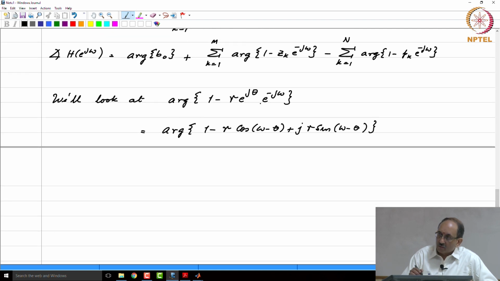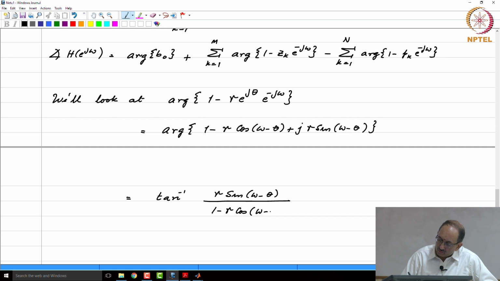All I have done is I have just multiplied this out and replaced e to the j by cos plus j sin, and this is nothing but tan inverse of sin of omega minus theta, by 1 minus r cos of omega minus theta, and this tan inverse is the 4 quadrant inverse tan.